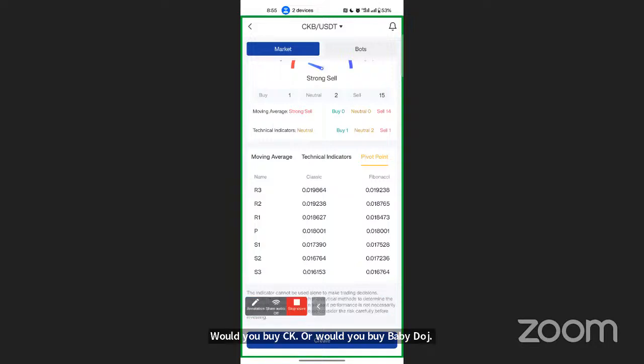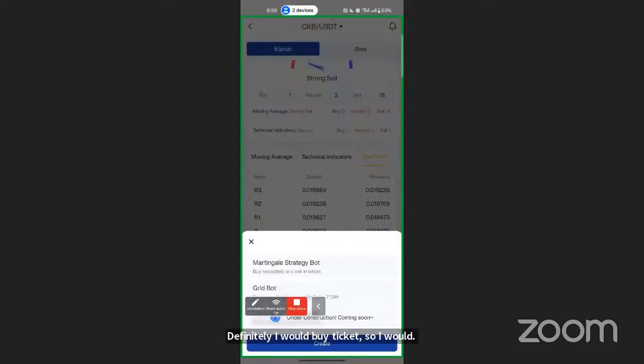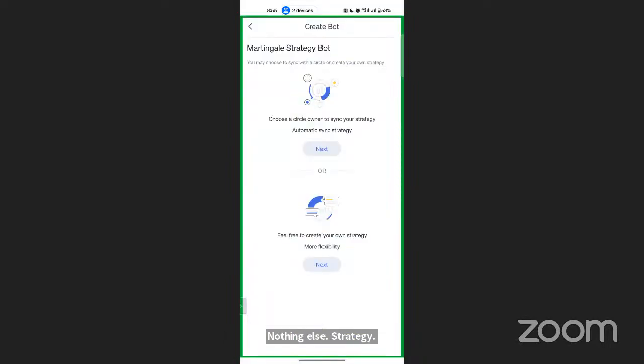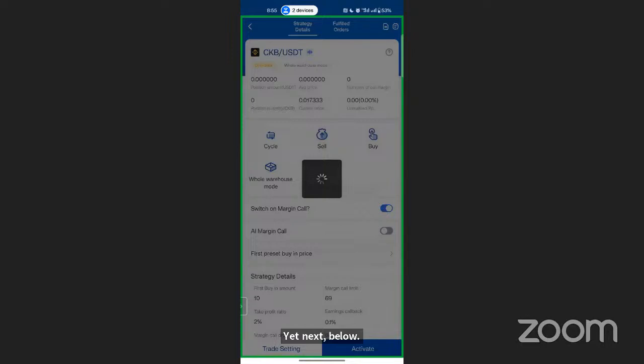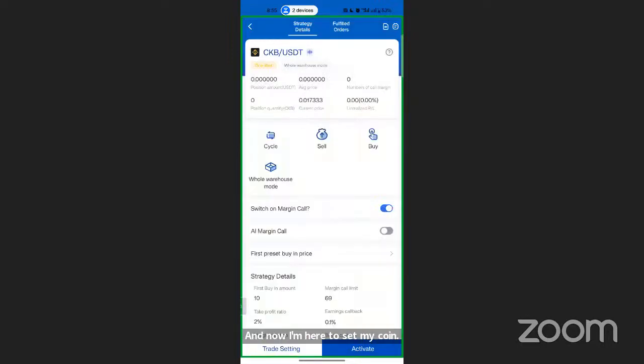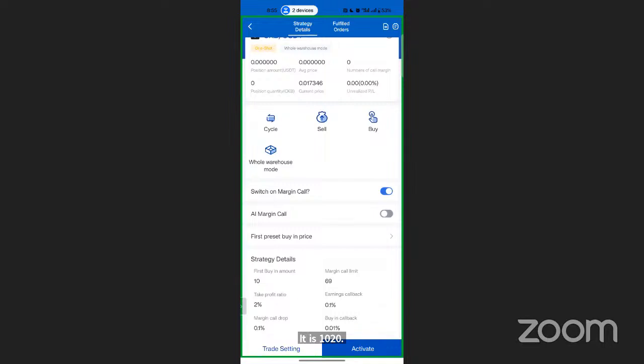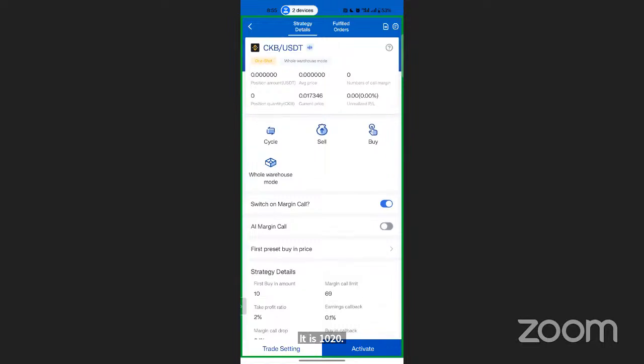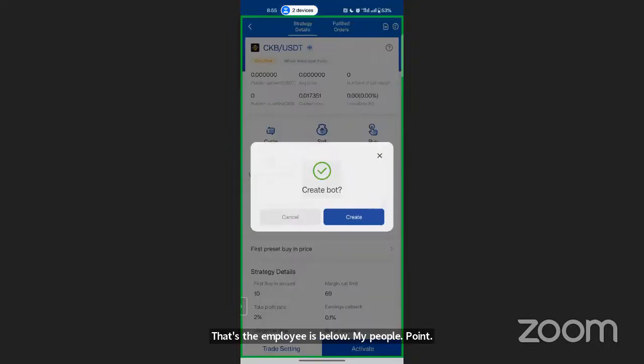So I'll tap on create, martingale strategy bot, create, next below, and now I'm here to set my coin. If it is 10, 20, 30, okay. Now I already know that the coin is below my pivot point. So I'm going to activate.